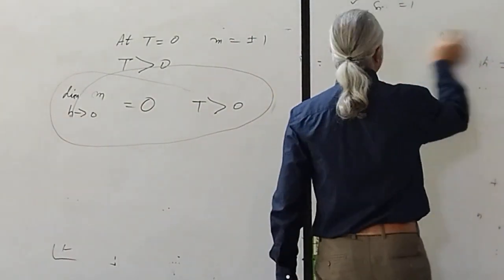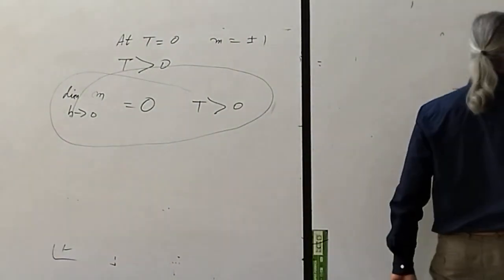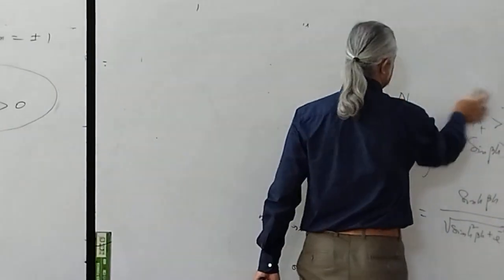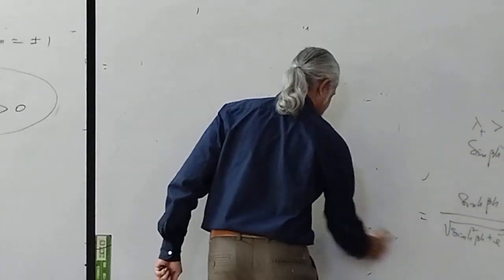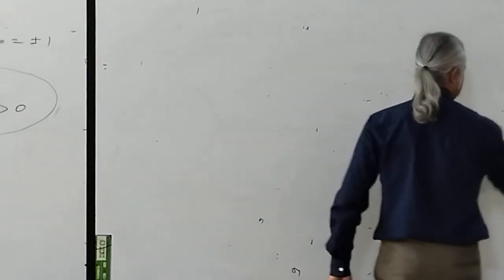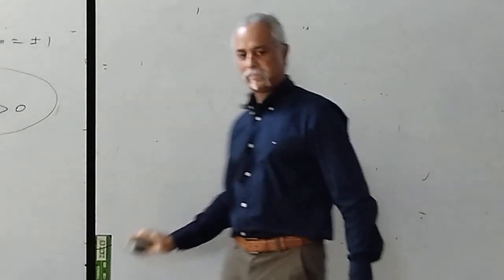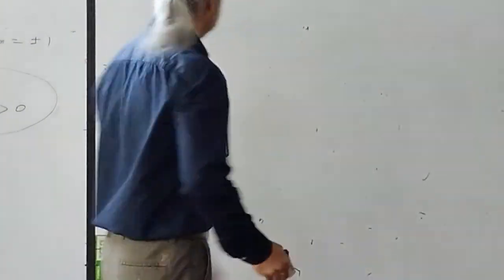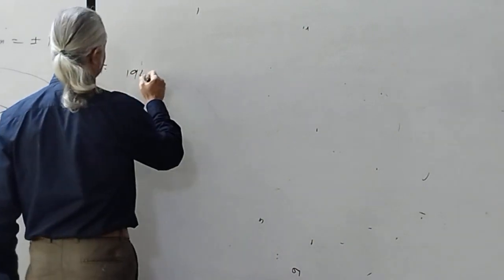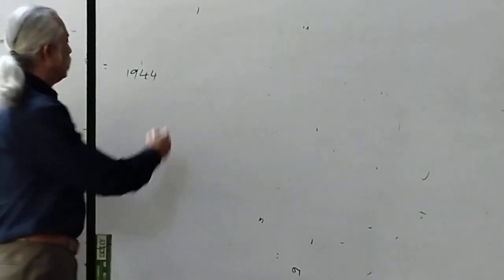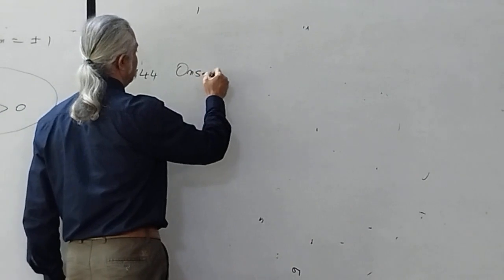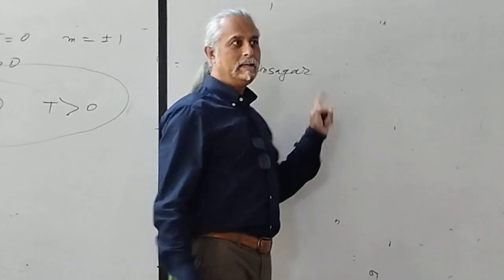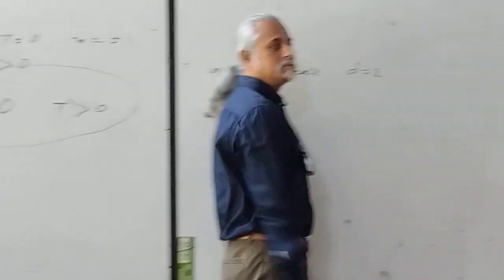And then, who solved the Ising model in higher dimension? Anybody have any idea? No idea? Onsager. In 1944, Onsager solved the Ising model in D equal to 2 dimensions.